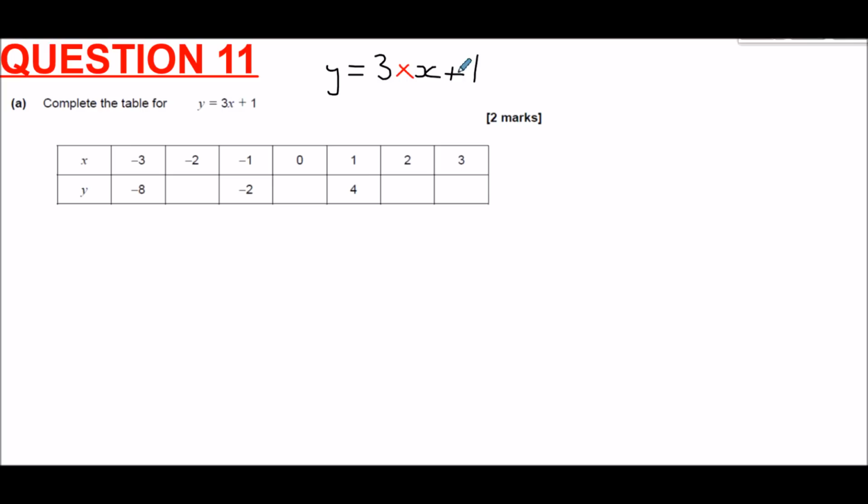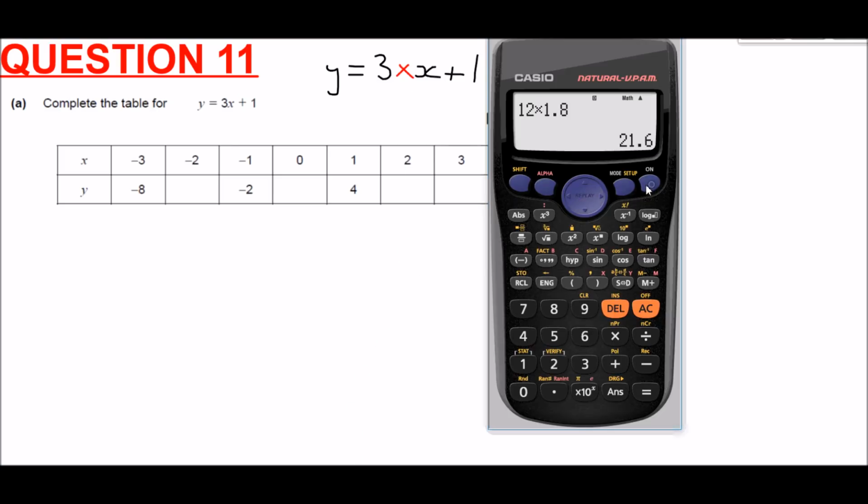So what we could do, first of all, is just try the different values of x and substitute these into our calculator. So for example, when x is minus 2, y is always 3 multiplied by whatever x is, in this case minus 2, then always plus 1.